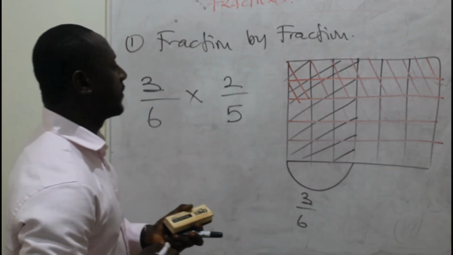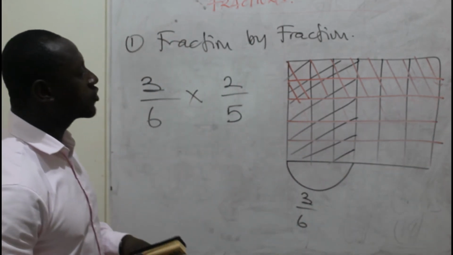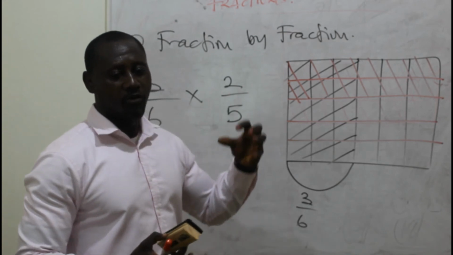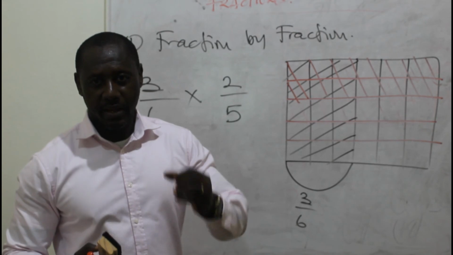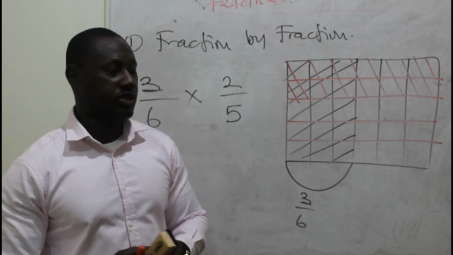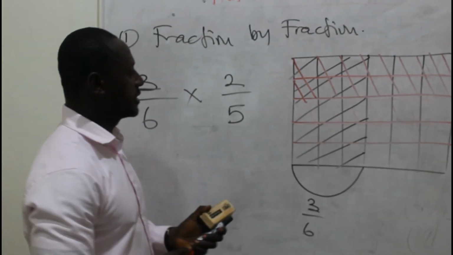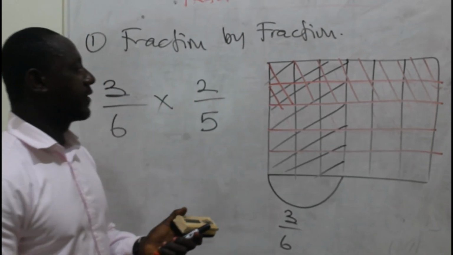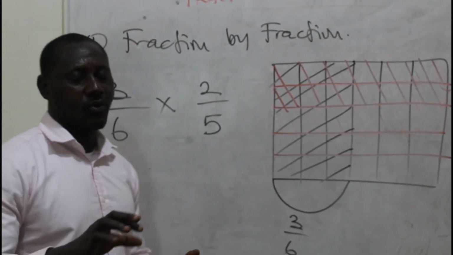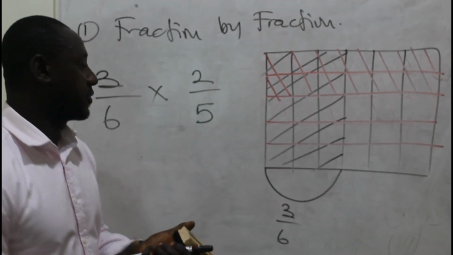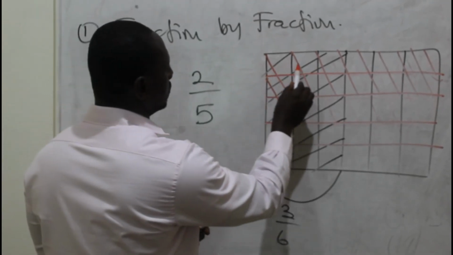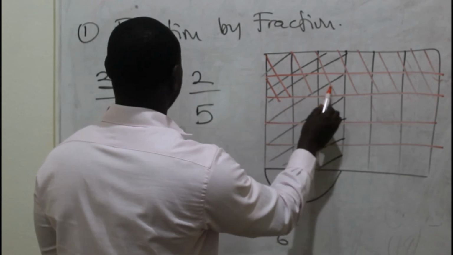Now when we are done with that, let's then count the number of the overlapping regions, or the number of double shaded portions. And what will be the double shaded portions here? I mean where the red and the black markers overlap. So we are going to have 1, 2, 3, 4, 5, 6.